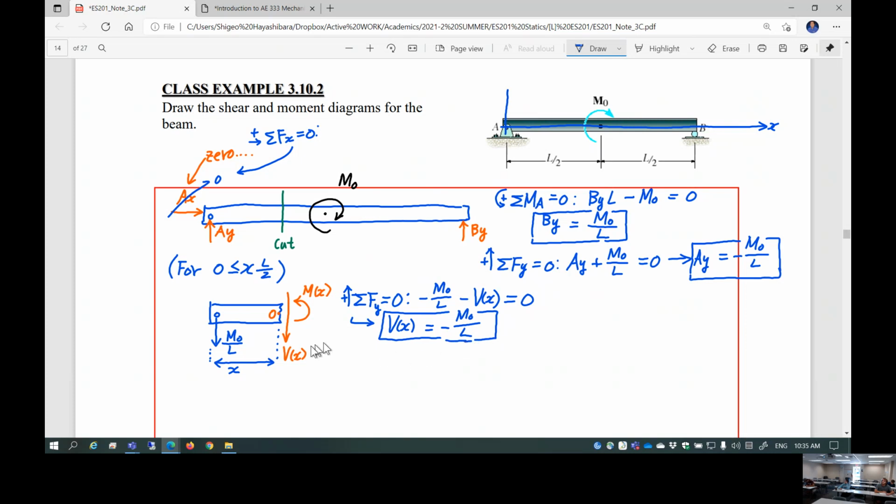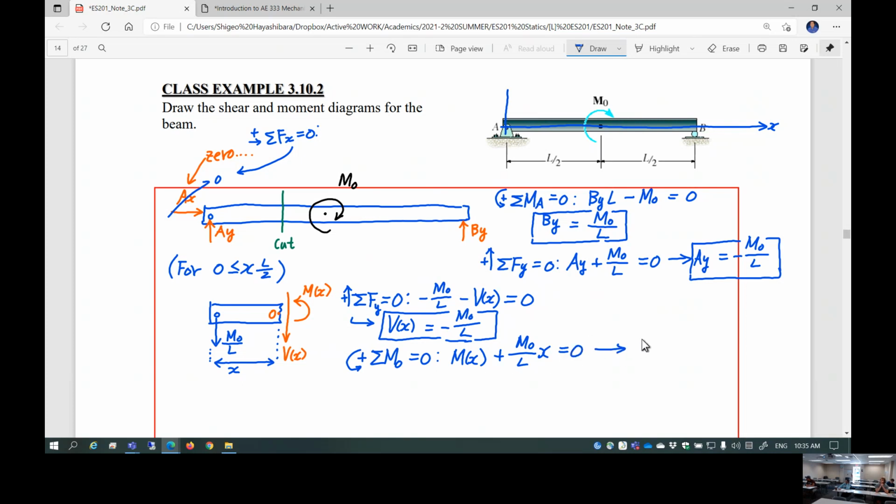And then also, let's just do this once. Sum of the moment at point O set equal to 0. This is going to be internal moment as a function of x plus M0 over L times x is equal to 0.